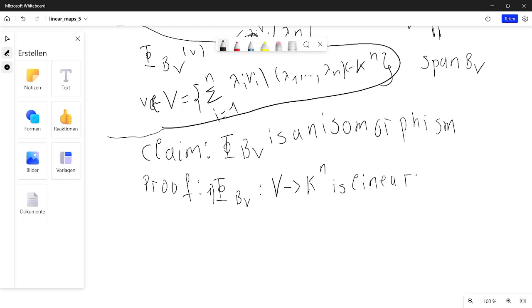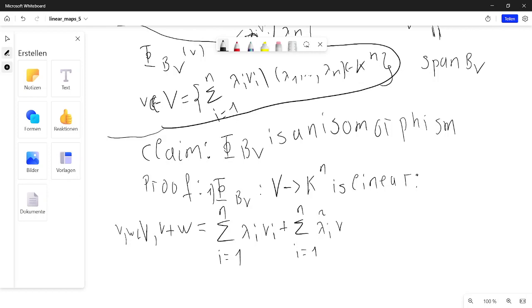Oh, why is that? We just take two vectors v, w, or you could say we take the representations. You could see those vectors as representations. And what do we get as their coordinates? Well, we know those vectors are represented. Of course, v and w are elements of V, and then v plus w gives us via the representations lambda_i plus lambda_i tilde.